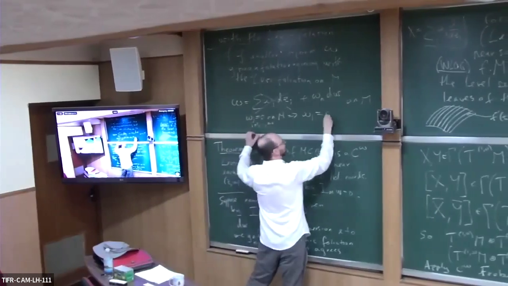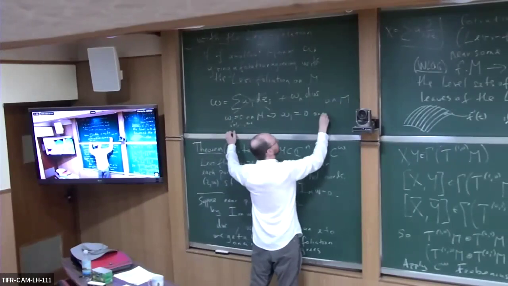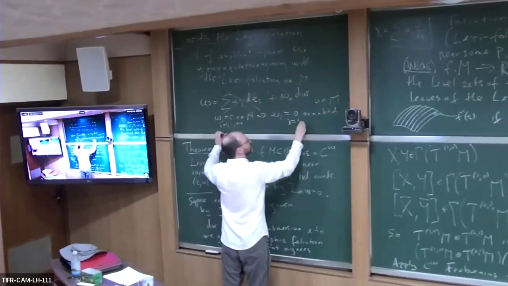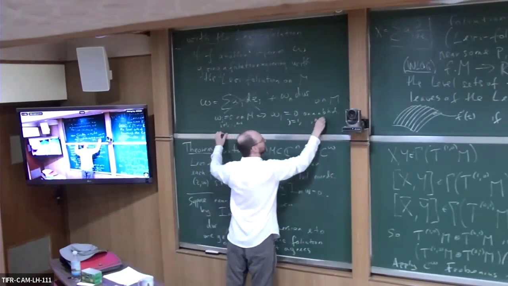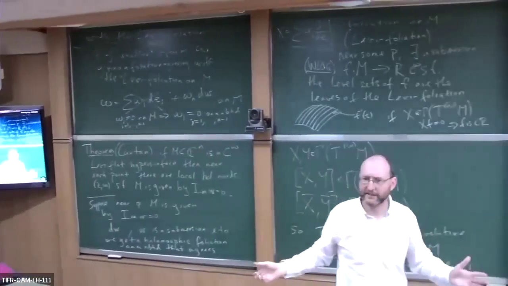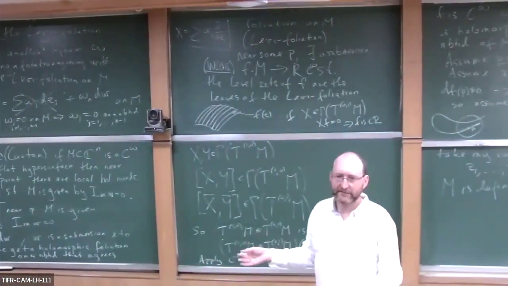So these are 0 on the neighborhood. So that means it extends uniquely.